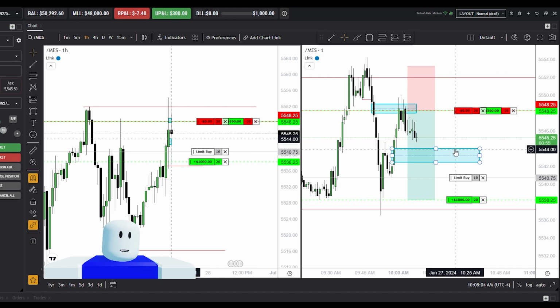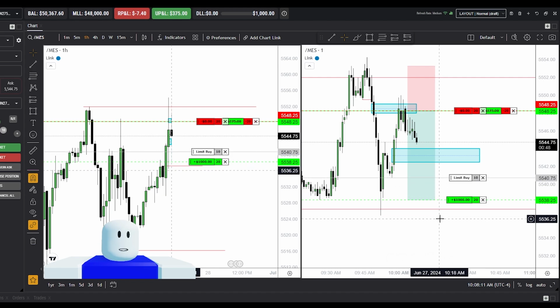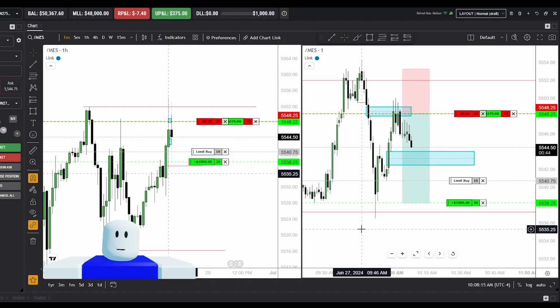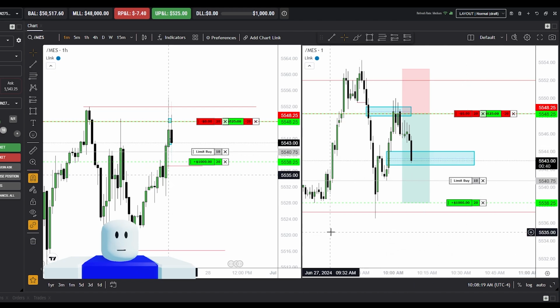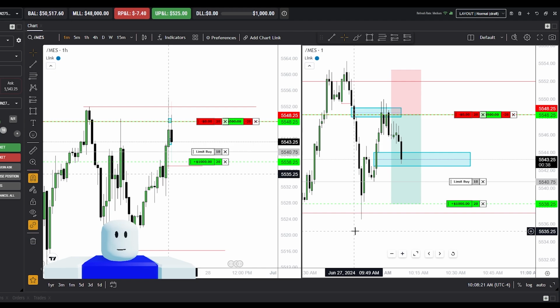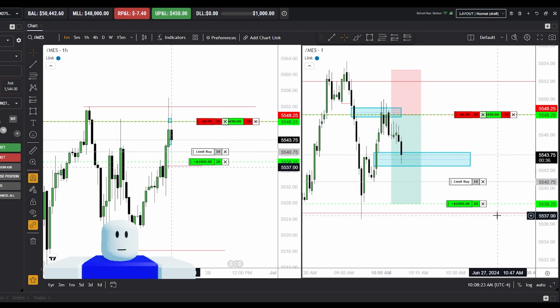See how the market reacts to this fair value gap. What we want to see is it kind of just plow through that straight to this TP. Any trader would want to see that. But I don't want to see respect. That would be a bad sign.